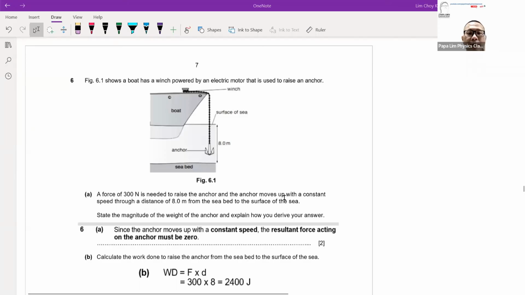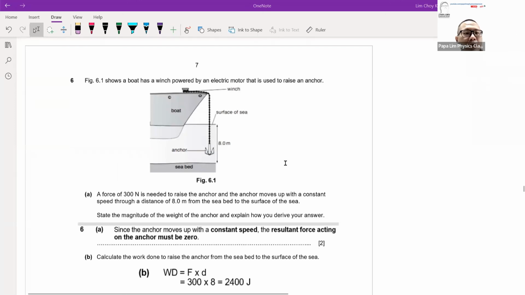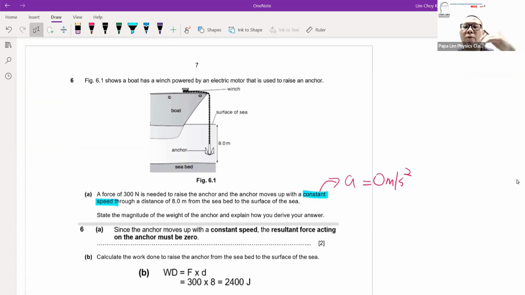Now we look at question 6. One of the things you have to be careful about in the question is the mention of the words constant speed. The moment you see constant speed, there is some inferred meaning behind it. For example, you will know that the acceleration is 0 meters per second squared, and when I know the acceleration is 0, I will also know that the net force applied on the object is 0.